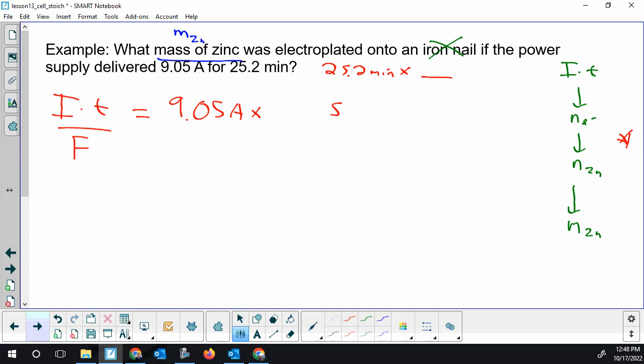I don't care how you do it. I'm going to use the factor label method. I want to get rid of minutes and I want seconds. In the factor label method, you set up a ratio that's equivalent top to bottom. So 1 minute is 60 seconds, so I need to multiply by 60 to get seconds.